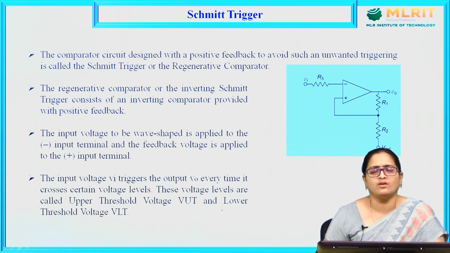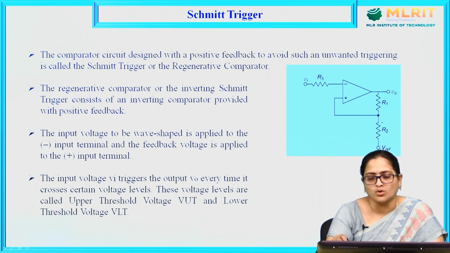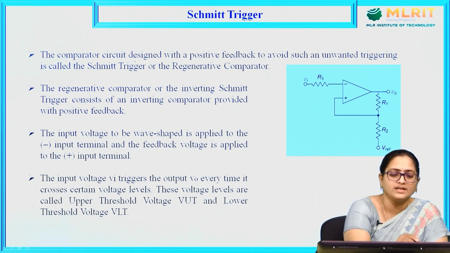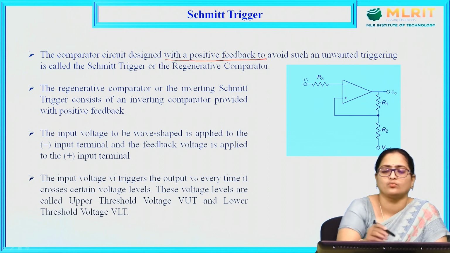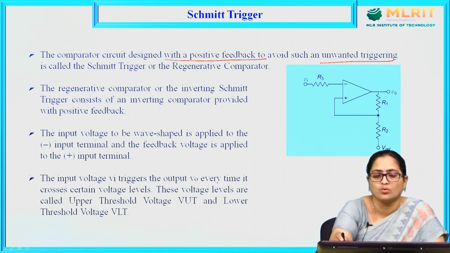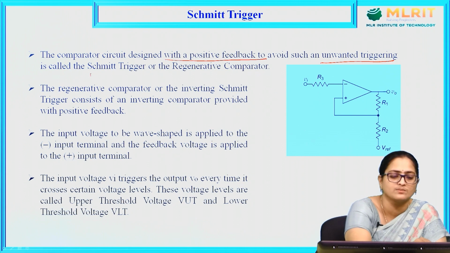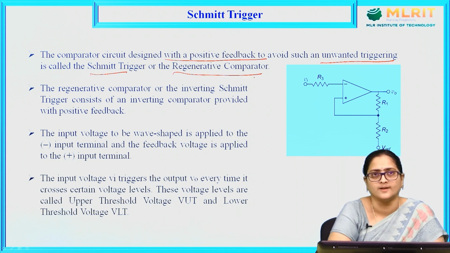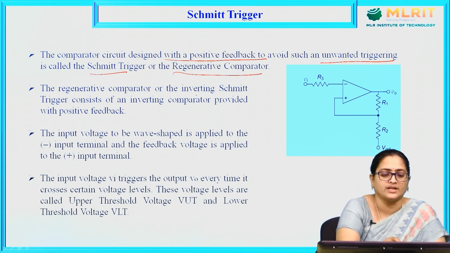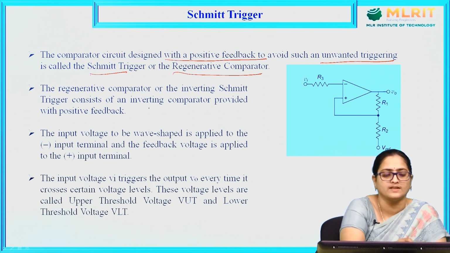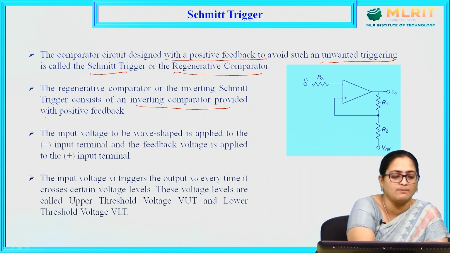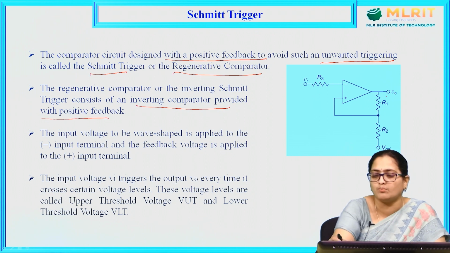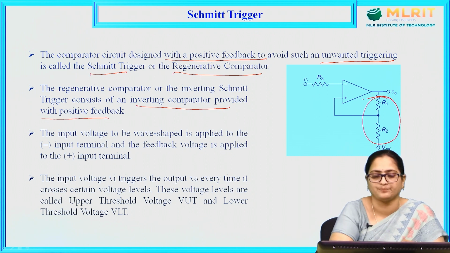Now, another nonlinear circuit is a Schmitt trigger. Here, we are using a positive feedback. The comparator circuit designed with a positive feedback to avoid an unwanted triggering is called a Schmitt trigger, which is also called a regenerative comparator. The regenerative comparator or inverting Schmitt trigger consists of an inverting comparator provided with a positive feedback.